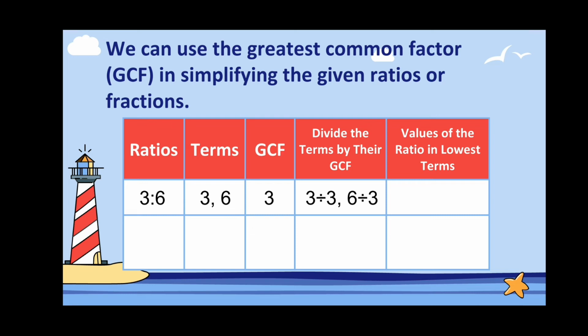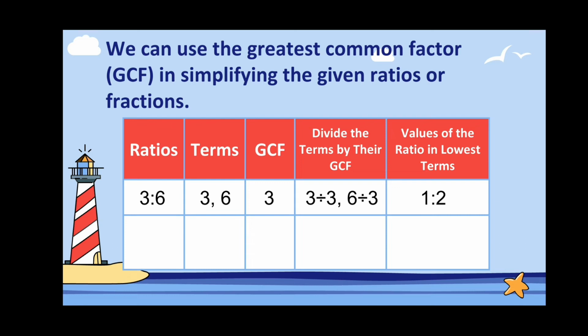So, therefore, we have 3 divided by 3 equals 1, and then 6 divided by 3 equals 2. So, the simplified form of 3 to 6 is 1 to 2. So, ito na yung value niya after nating i-divide yung mga terms ng given or ng kanilang greatest common factor. So, that's how you simplify a given ratio. Ganun din kung paano mag-simplify ng fraction, di ba?